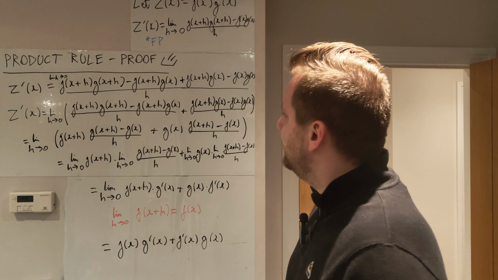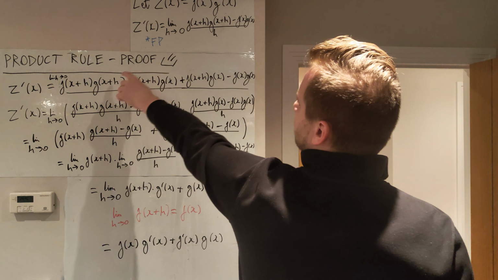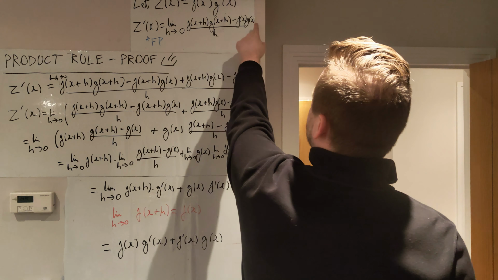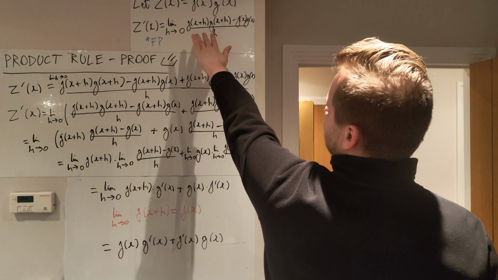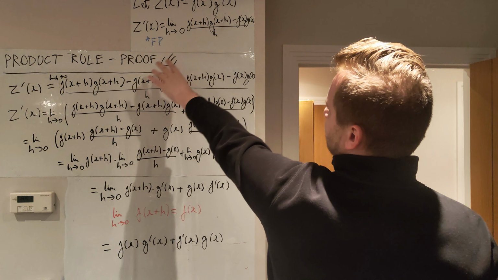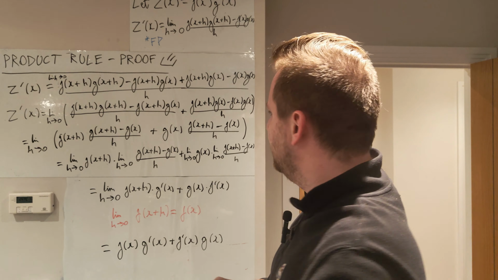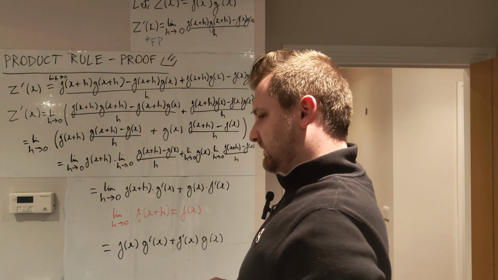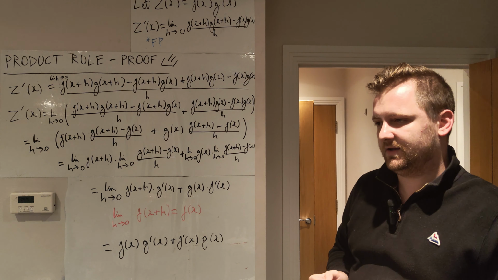So from here, I don't know if you've noticed, but this part is at the end. You've got f of x plus h times g of x plus h on the left, and then f of x times g of x on the right. What have we got in the middle? I'm trying to think how to explain this.